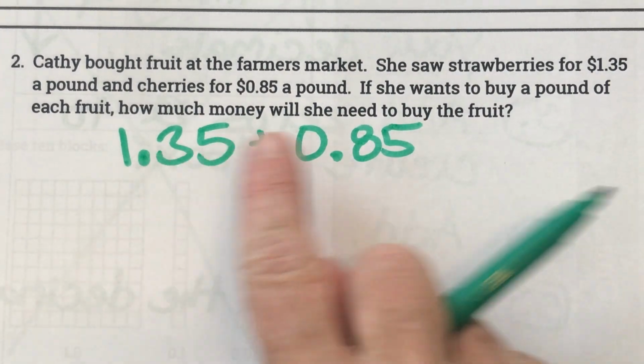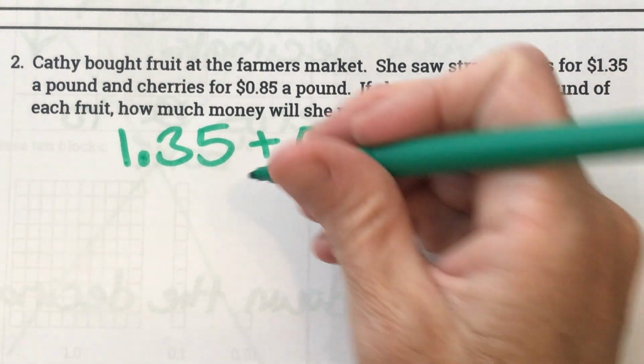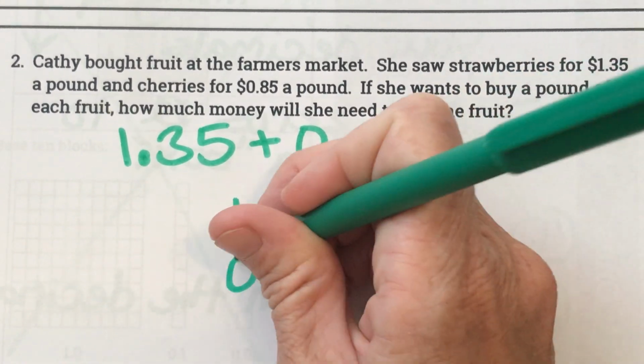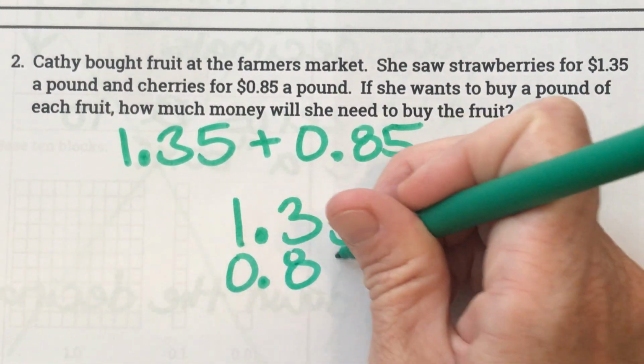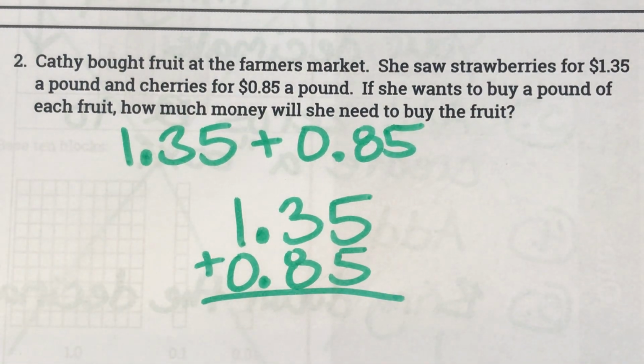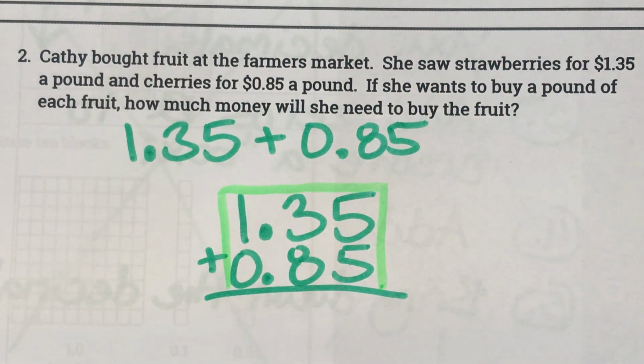They both have a decimal, so we can skip step 1. And we can go to step 2 and set up our problem vertically. Step 3 says add zeros to make this box, but we can skip that step also.